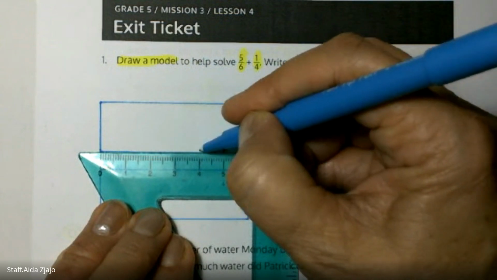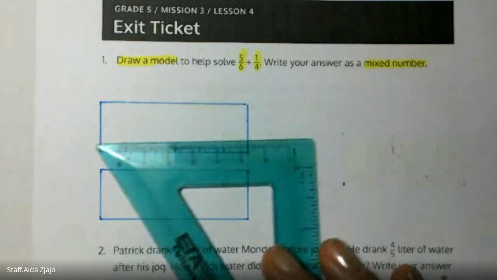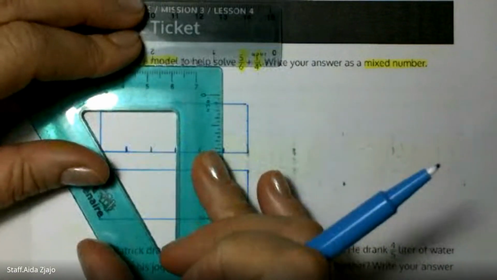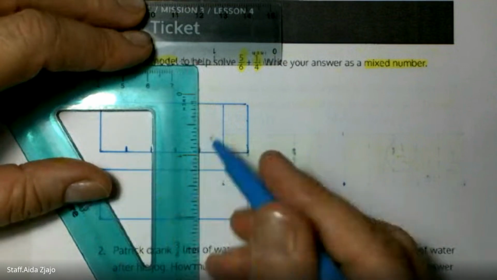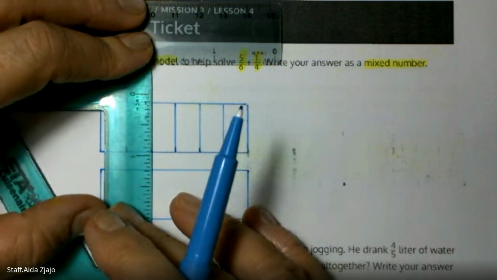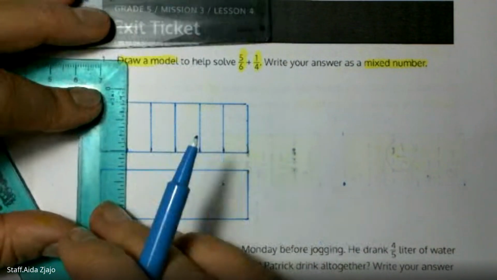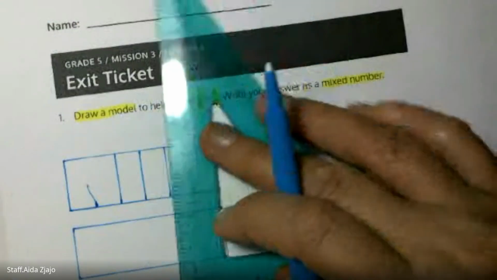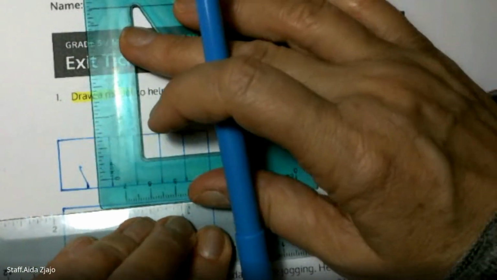It's 6 equal pieces, and I can use my ruler to make equivalent spaces. I messed up, sorry. Let me make it better this way.